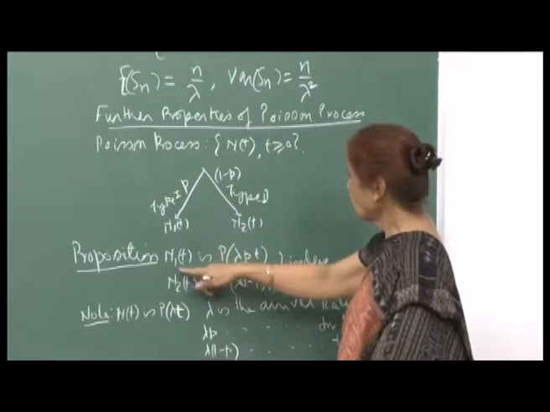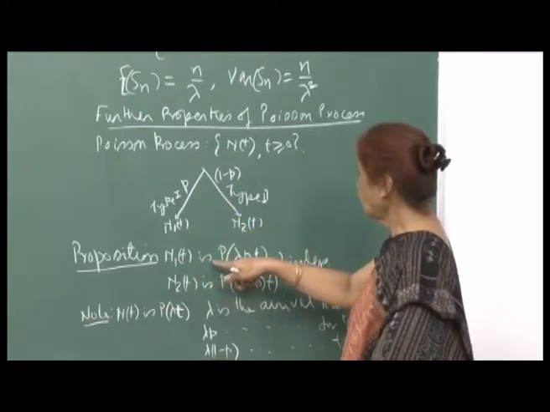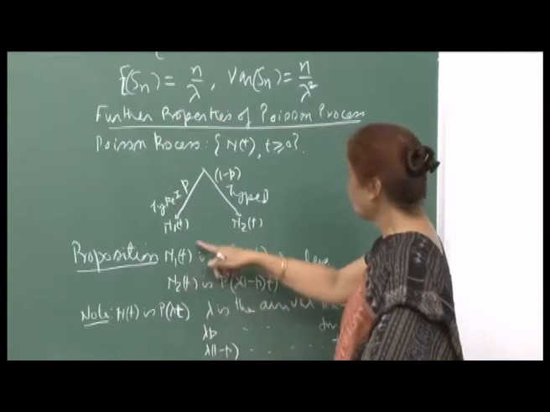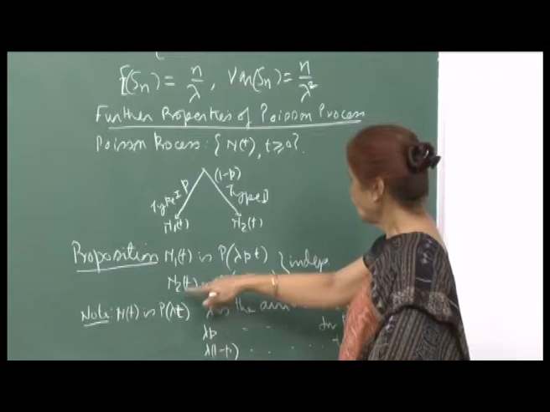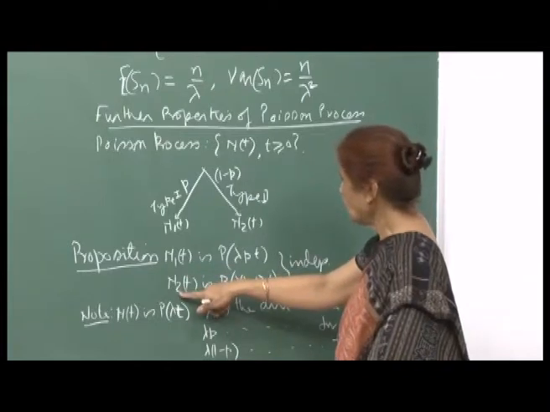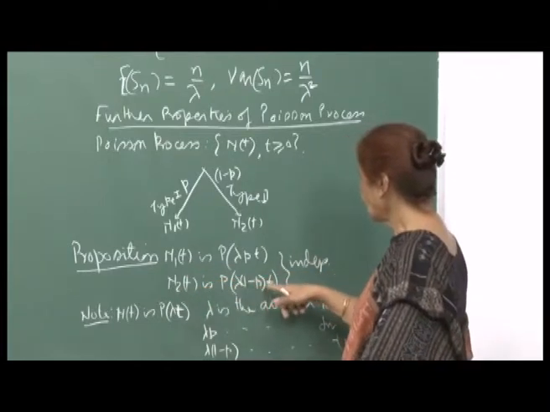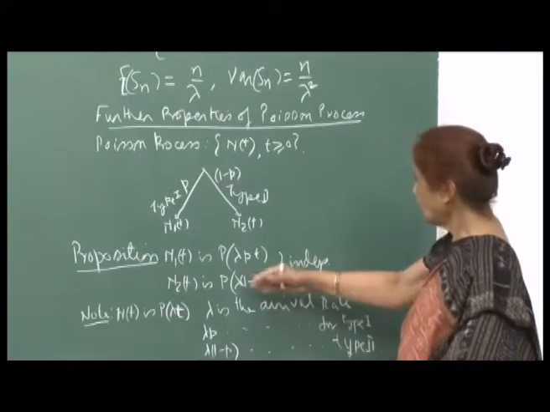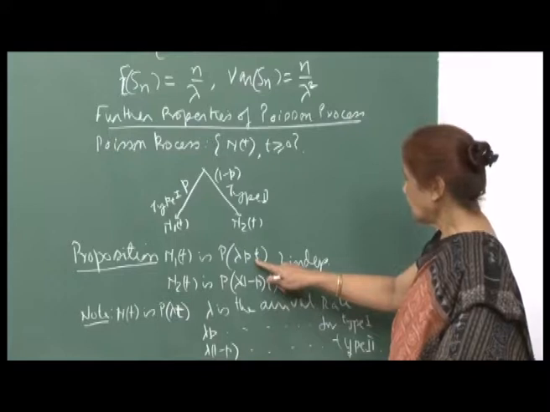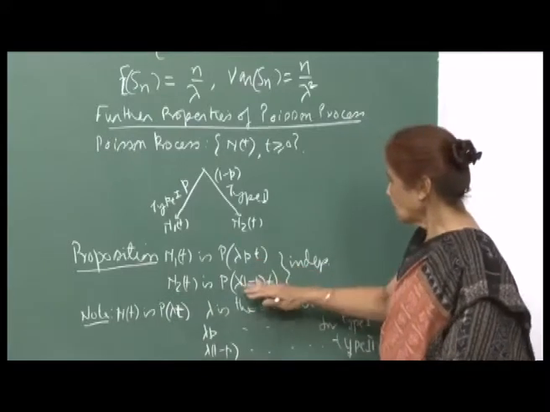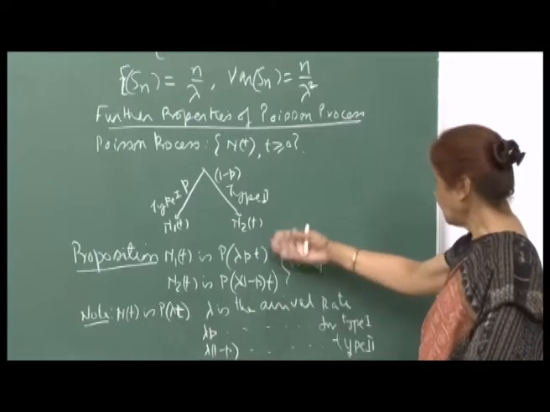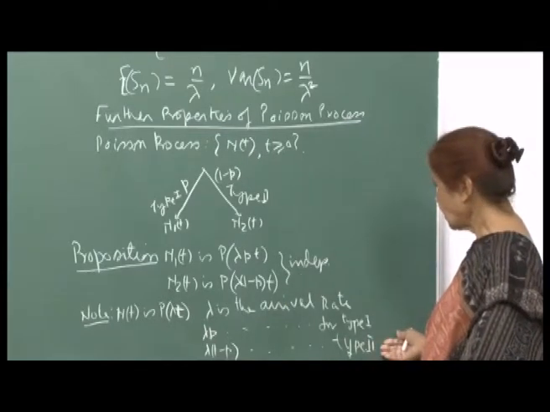So, these sub processes N1(t) would be Poisson lambda p t, and the type 2 random variable N2(t) will be Poisson lambda (1 minus p) t. So, what I wrote in the lecture was without the t part everywhere here. This is the correction being made; otherwise I have explained what we mean by these sub processes and so on in the lecture itself.